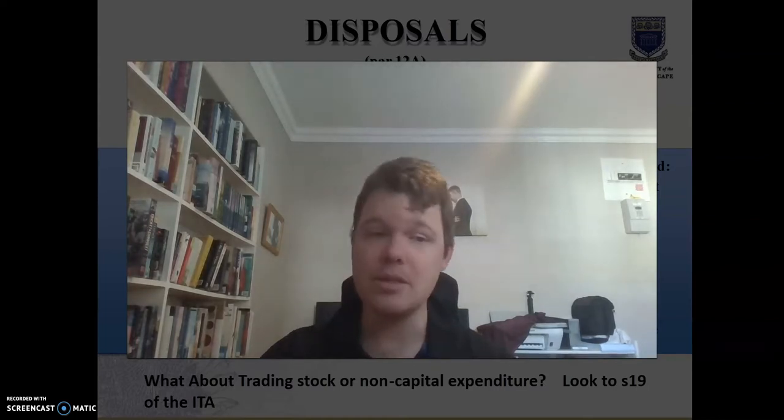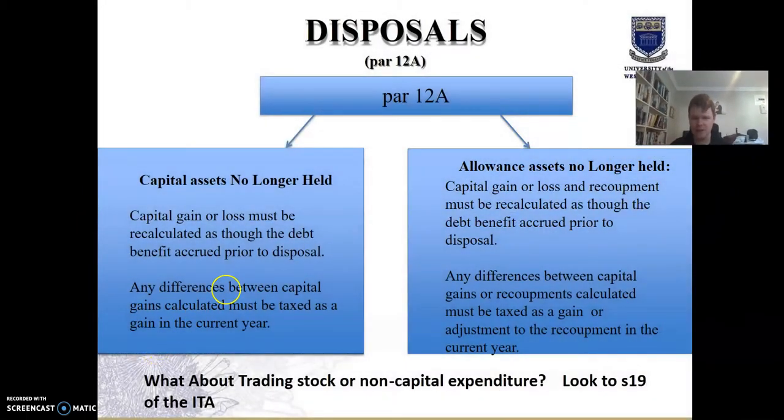Now, that problem is dealt with, and the way it's dealt with is as follows. What you're going to see here is quite similar on both sides. What you have to do if debt forgiveness takes place after you've sold the asset, you have to go back and recalculate the gain or the loss that you calculated when you sold the asset as if the debt reduction took place then.